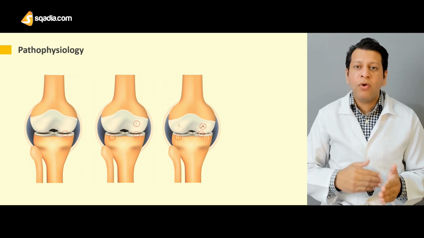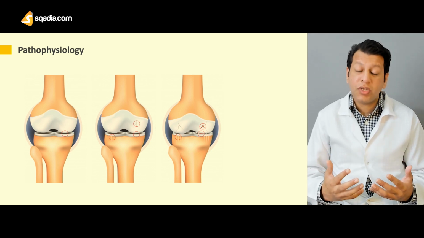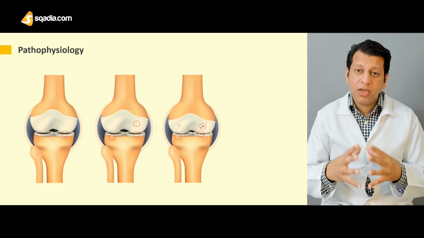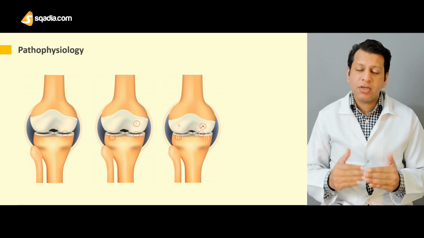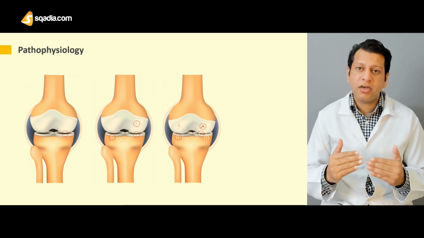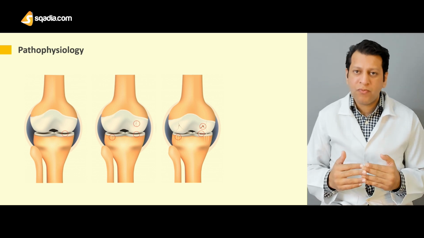When we are dealing with the pathophysiology of osteoarthritis of the knee or the hip joint, we need to halt the process and stop the accelerating degeneration of the cartilage before actually going for some form of replacement.